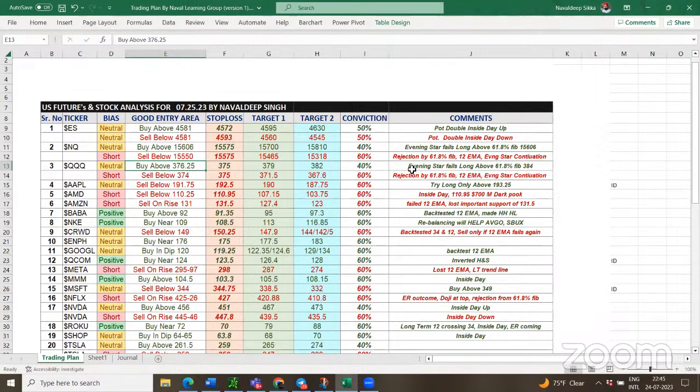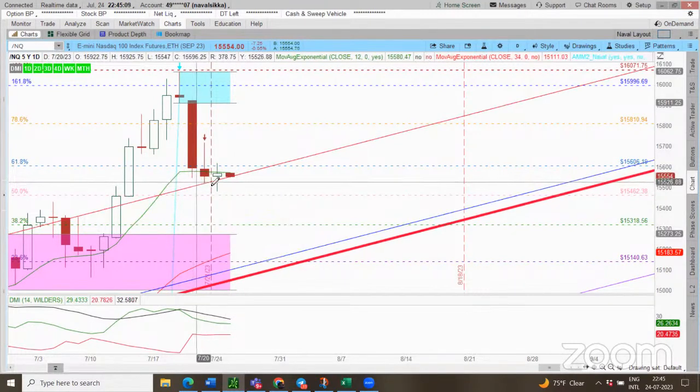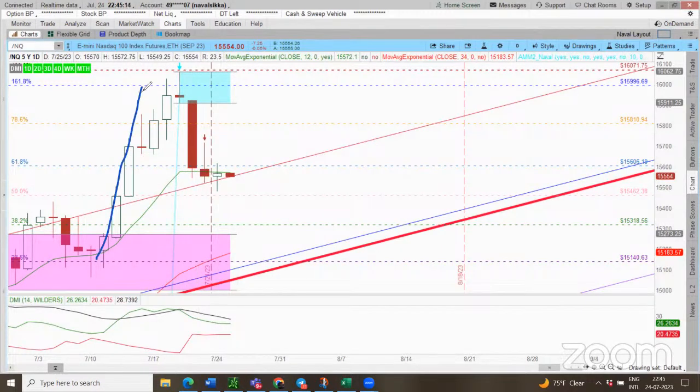Now, in this case, it's an evening star, and the evening star is making a bear pennant. We go up, we have a good green candle, a doji on the top, followed by a big red candle which covered the entire previous candle. Now we are holding this. We are doing something like this, a descending wedge.